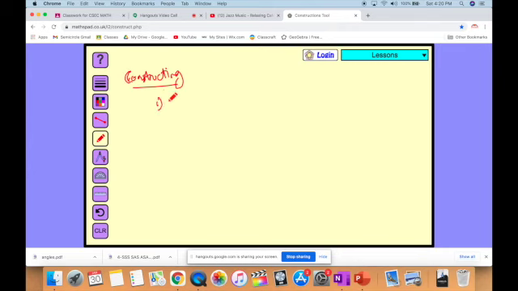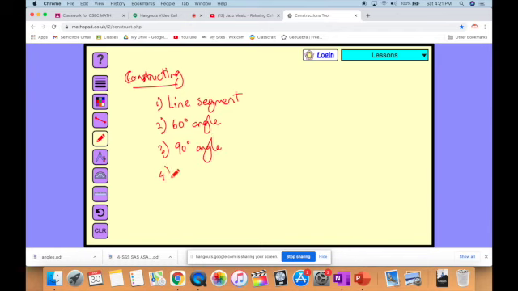Constructing, number one, a line segment. Number two, a 60-degree angle. Number three, a 90-degree angle.